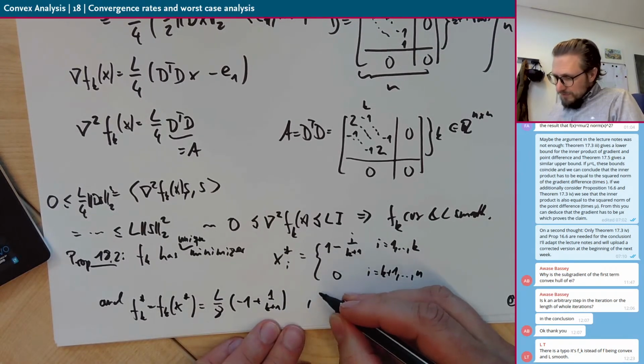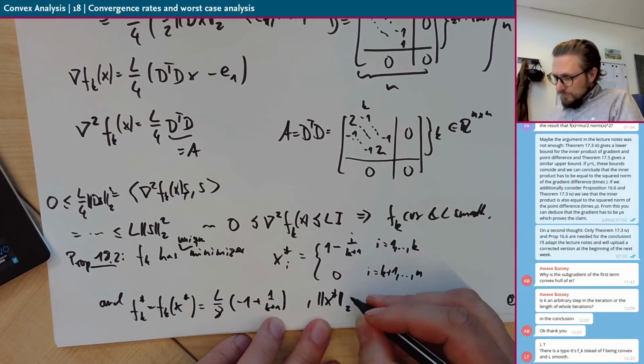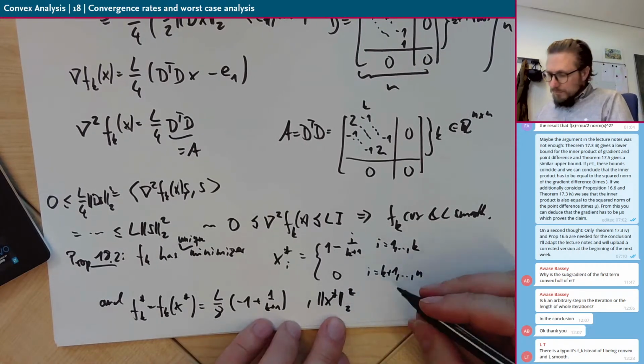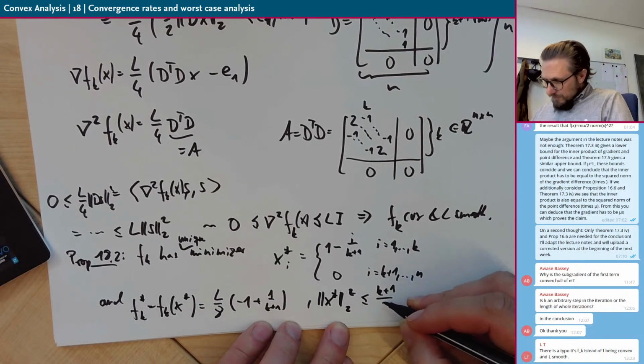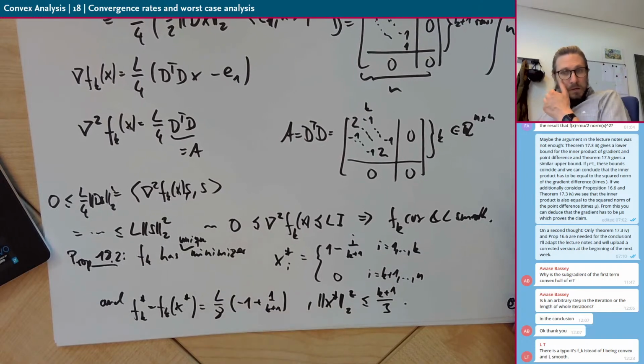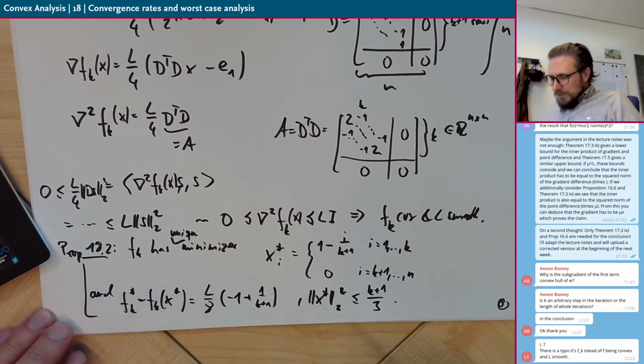We can also calculate the squared 2-norm of that x star. This is not larger than k plus 1 over 3. Okay, this is what we're going to show.